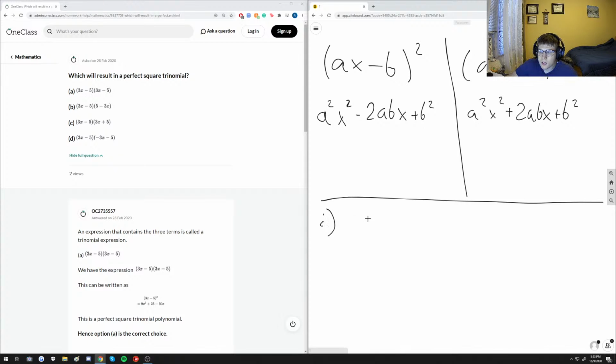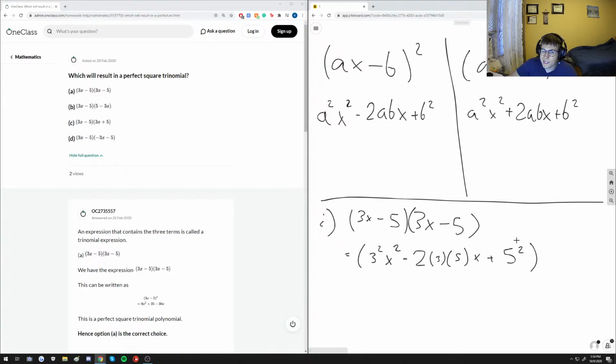For the first answer choice, we have 3x minus 5 times 3x minus 5. Expanding this out, we get 3 squared x squared minus 2 times 3 times 5x plus 5 squared.